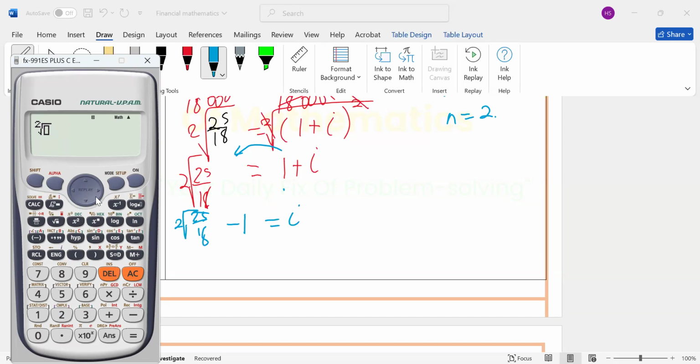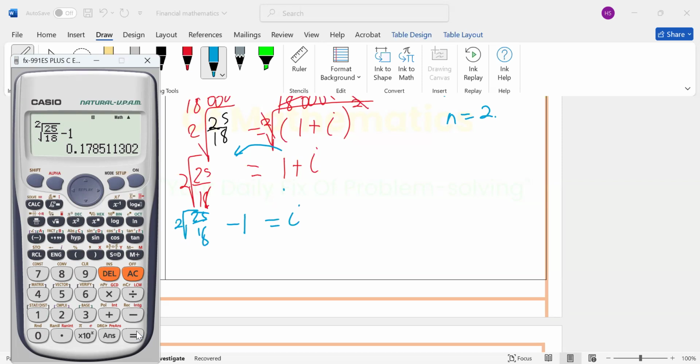And then after that, we say we have fraction. We have 25 all over 18. And then it shouldn't be inside the root. Minus 1. It gives us 0, comma.